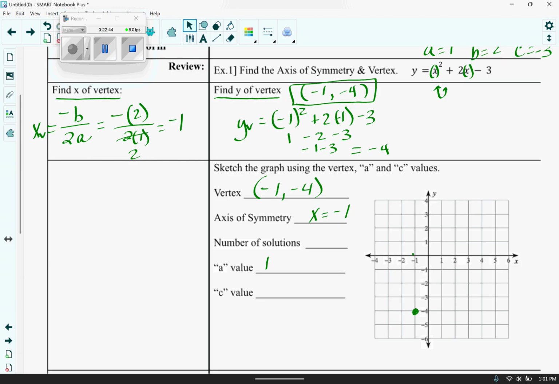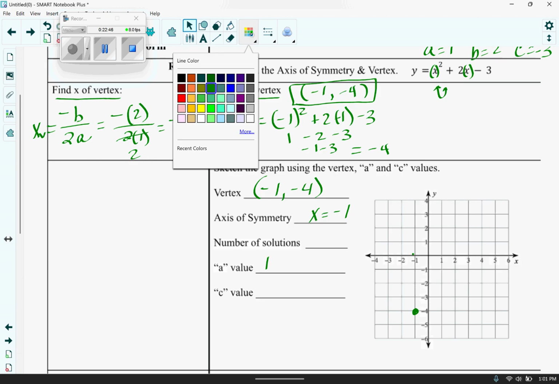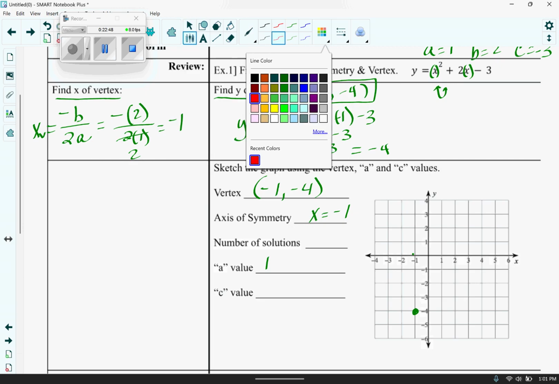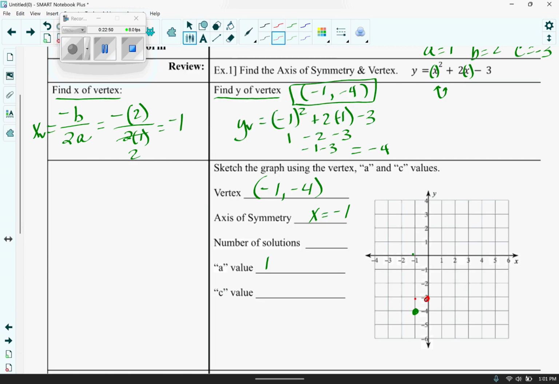So that means I'm going to go from here. I'm going to go up 1 over 1, up 1, back 1. And I know my c value is negative 3, which is also right here. So we're going to make a quick little parabola here.